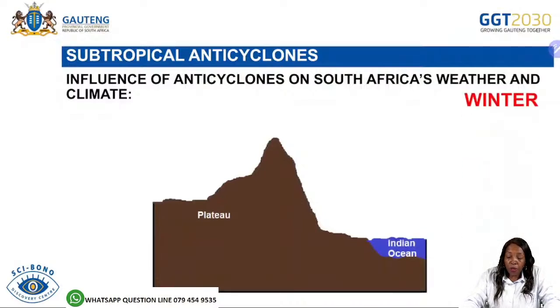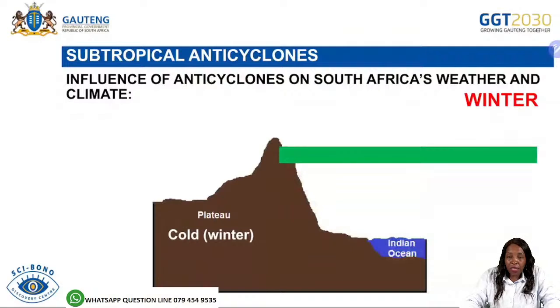So over winter, we then look at the influence of the South Atlantic high pressure cell, which is also influenced by the position of the Kalahari high pressure cell. I have indicated to you that in winter, the Kalahari high pressure cell would move to the southerly direction.